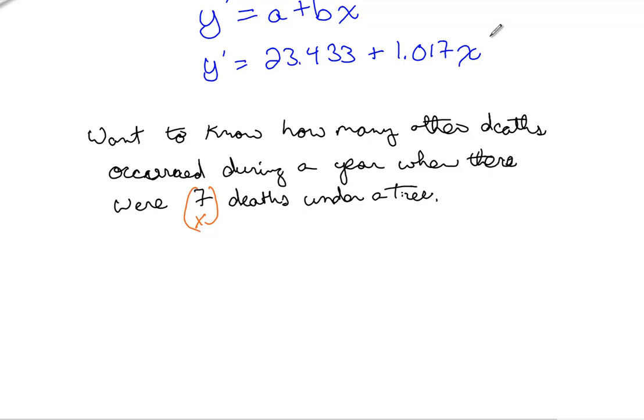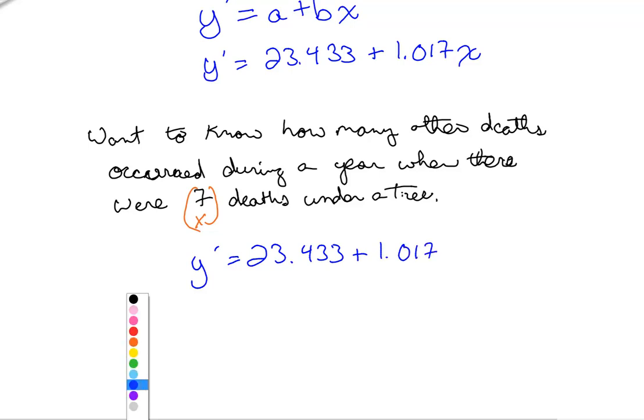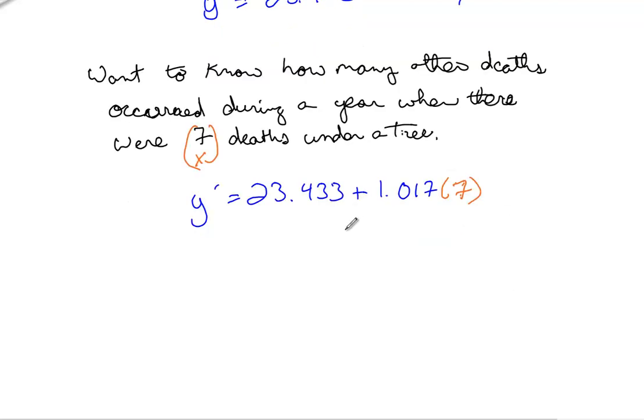And so we would have that y prime is equal to 23 and 433 thousandths plus 1 and 17 thousandths times our 7, because that's the number of deaths under a tree. All I've done is plugged in that number of deaths under a tree in for my x value. Then I'm going to solve. So I need to multiply first, and then I'll do the addition.